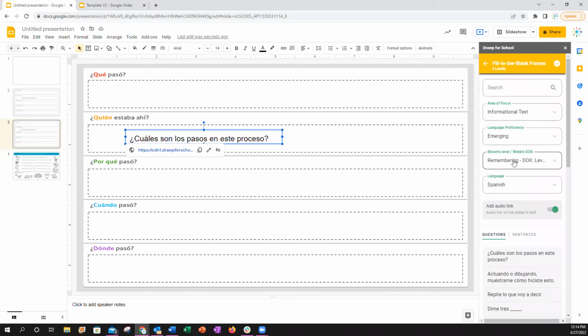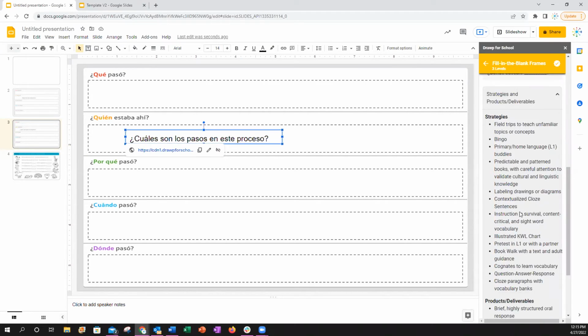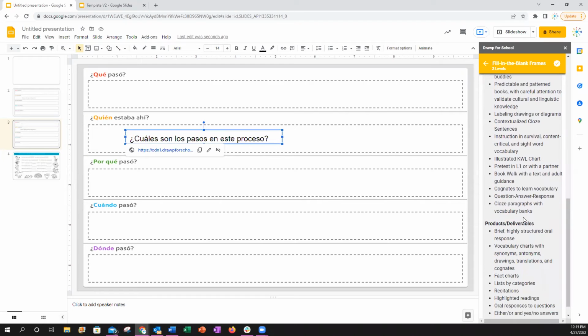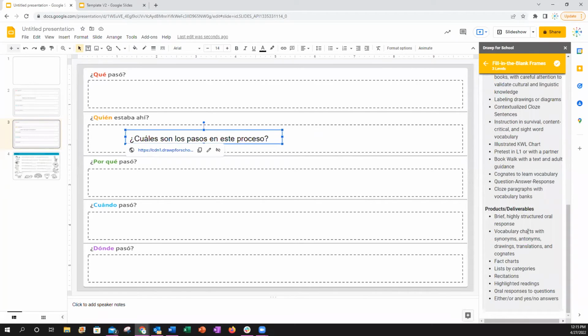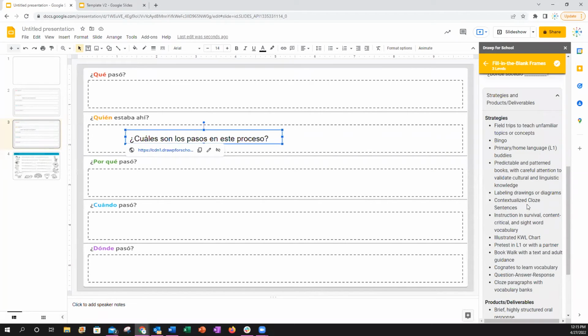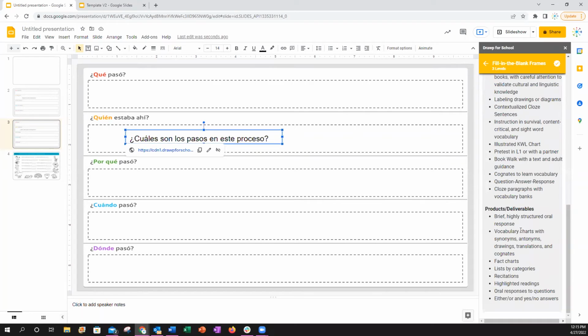As you change these levels, these strategies and products and deliverables also change. So you'll see that these are strategies that they can use with the students at that level, and these are products and deliverables that teachers can expect students at those levels to produce.